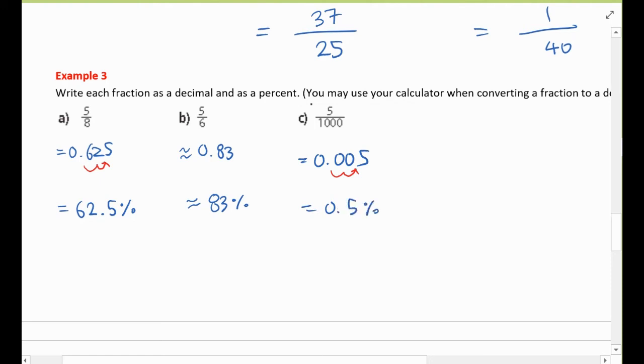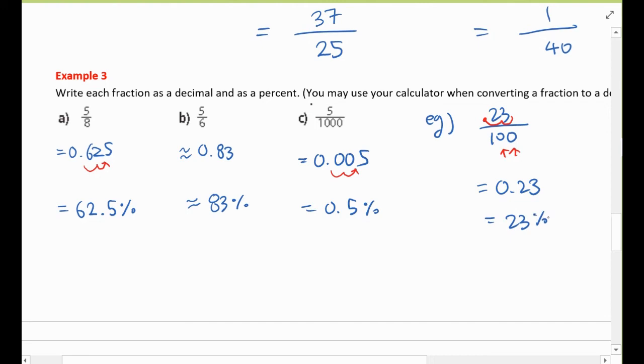0.5%. Okay? So everyone, for example, if you have 23 over 100, so you have 100 here, a multiple of 10. You count the number of 0, move 2 decimals, then that becomes 0.23. So 0.23 is 23%.